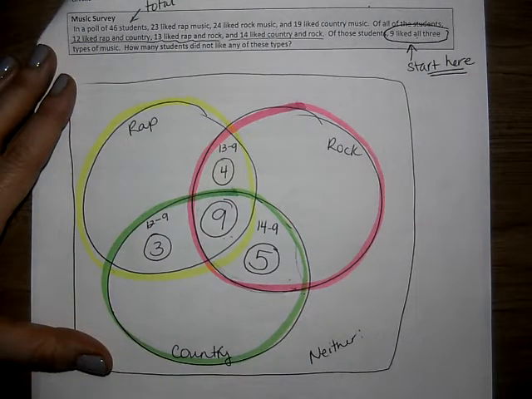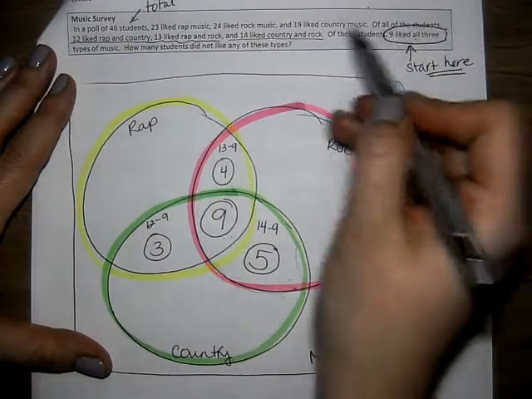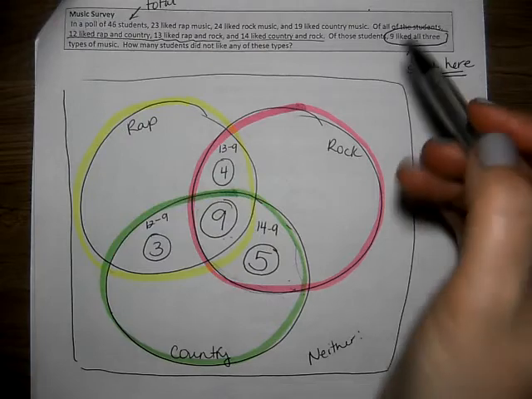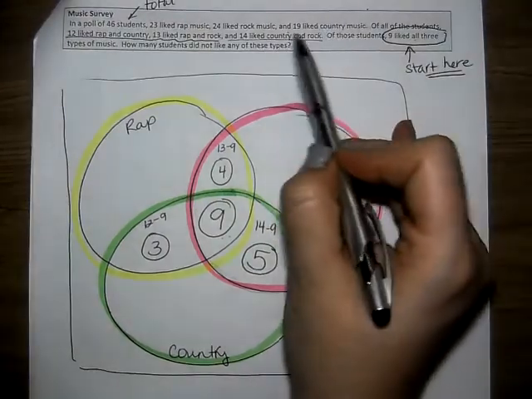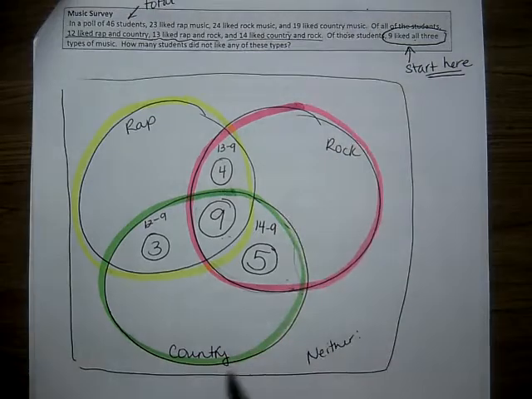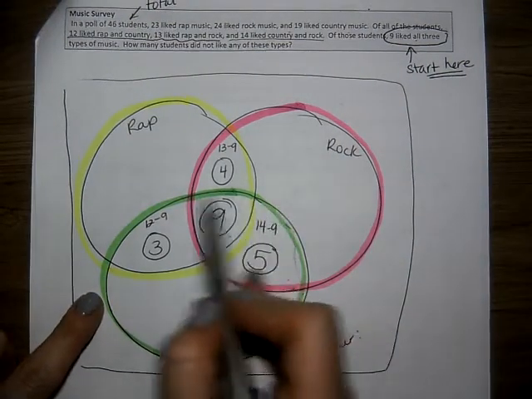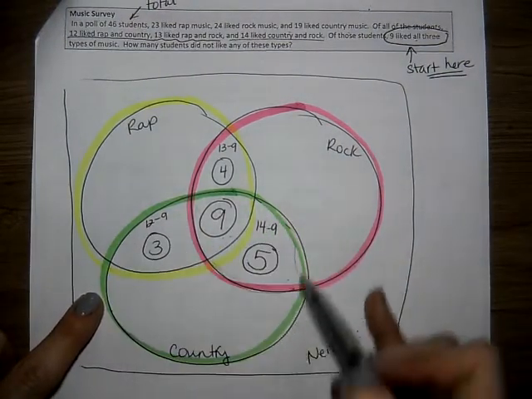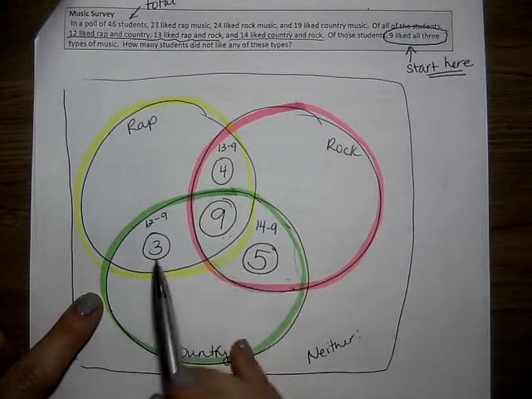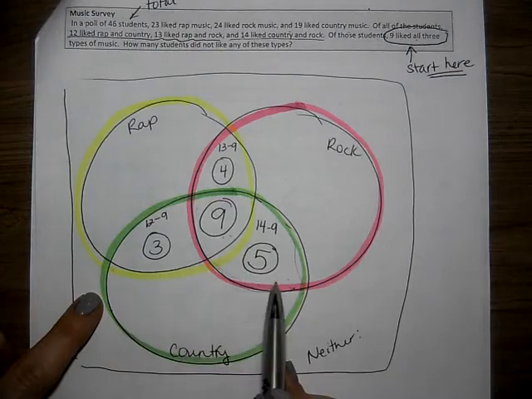Okay. Take another step out. Notice this is like working backwards because you're really starting at the end and then going back to get the information, because you're taking a less specific step out each time. So 19 liked country music. Okay, now I want you to take a look at this country circle. So here's the green circle. 19 total like country music. But don't I have a lot of people already accounted for?